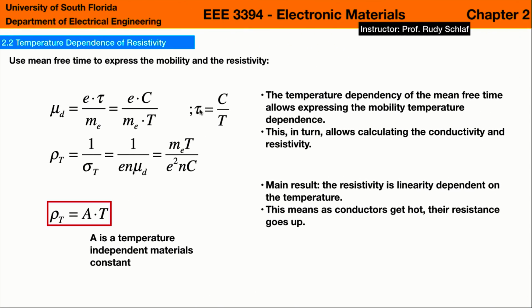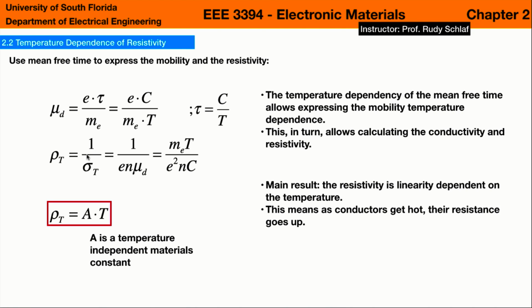Now that we know how the mean free time depends on the temperature, we can express the mobility and the resistivity. The mobility we know is just the electron charge divided by the electron mass times the mean free time, and with that we know that the mobility is proportional to 1 over T. And the mobility now we can plug into the resistivity.